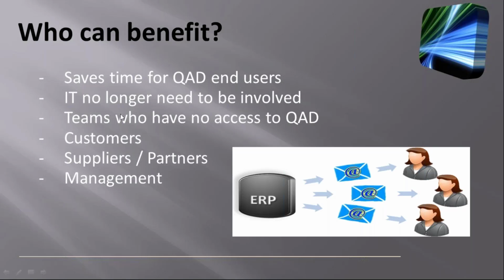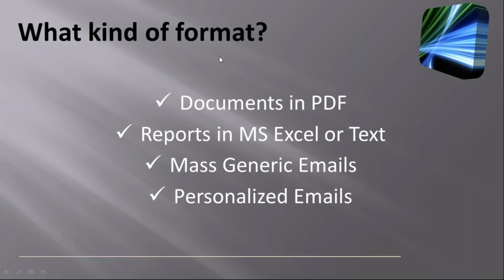So IT no longer needs to be involved in generating those reports or documents. Also teams who have no access to QID, including your customers, suppliers, or partners, and of course your management, can benefit. So what kind of formats can LBOX generate?